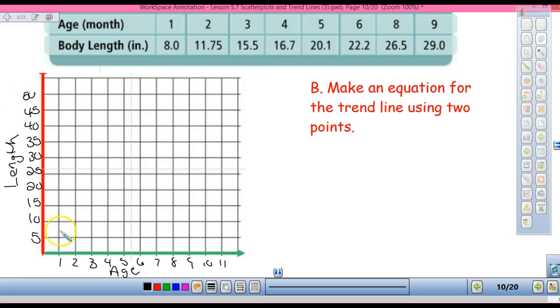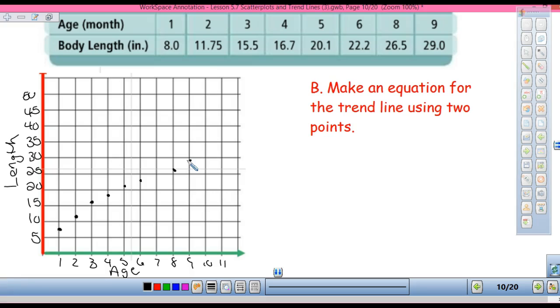So it was 1 and 8, 3, 15.5, 4, 16.7, 5 is 20.1, 6 is 22, skip 7, 8 is 26.5, 9 is 29. You're going to need some blank space over on that side because there are about 6 steps that involve what we are about to do.